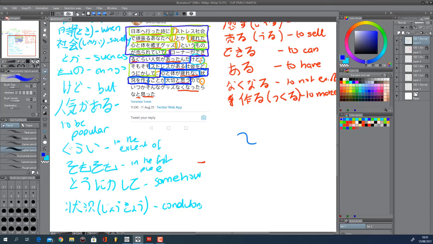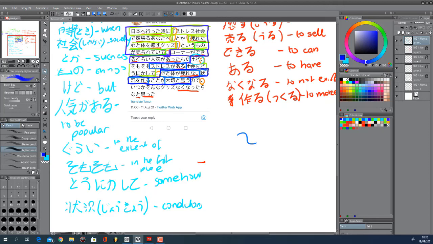In the first place, somehow a society with stress, we should somehow create the conditions where mind and body people aren't tired, and I think that's important. In the first place, that's important. So somo is describing all that information.